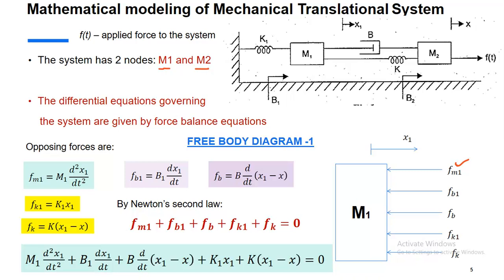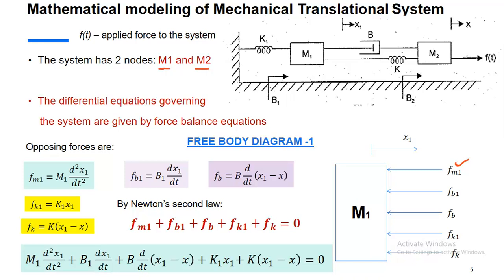So I am writing the opposing forces by means of equations. Fm1 is m1 into d square x1 by dt square. Fb1 is b1 into dx1 by dt. Fb is nothing but this b, which is connected between m1 and m2, so you will have displacements at both the ends.